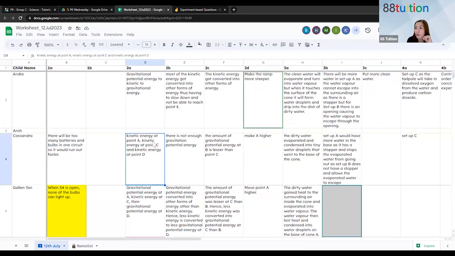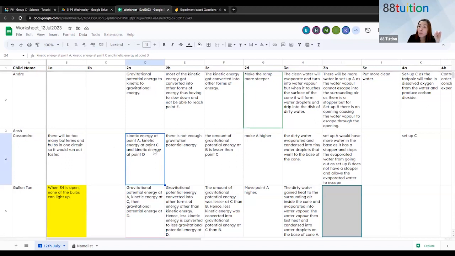Okay, Cassandra, kinetic. This is the one I mean. So 2 wrong, 1 correct, 0 marks. Cassandra, at point A, it is at the highest point, right? It will fall from point A. That's why at the highest point, it has all the gravitational potential energy.